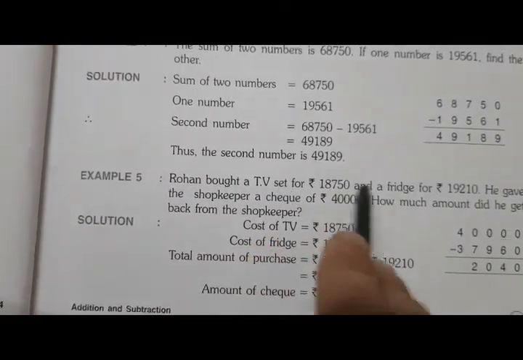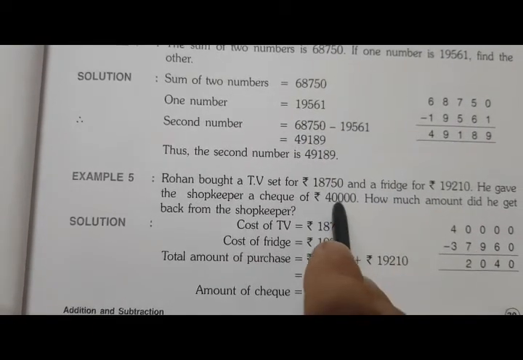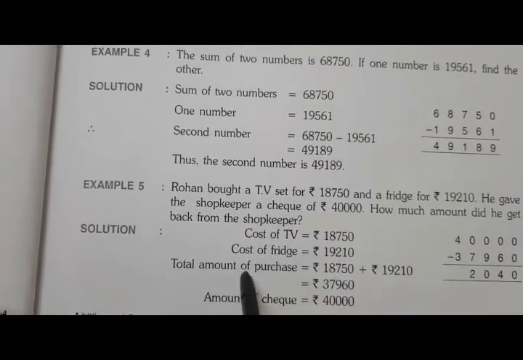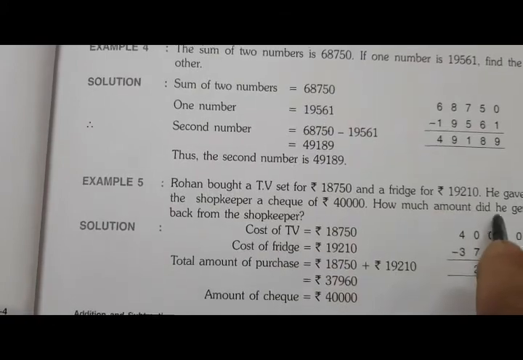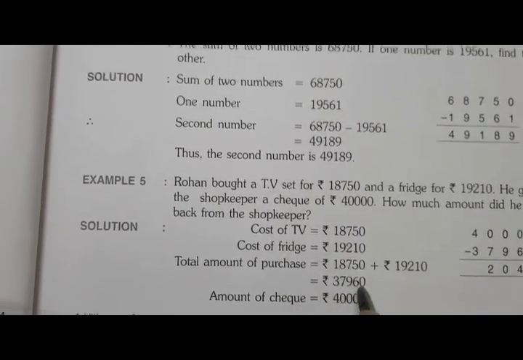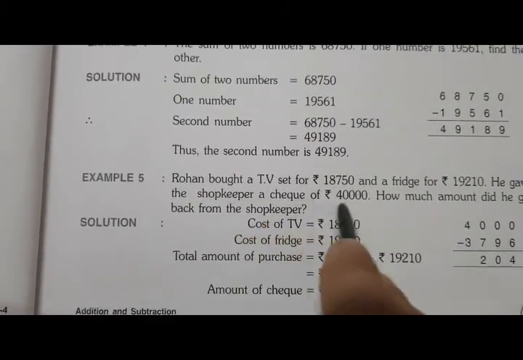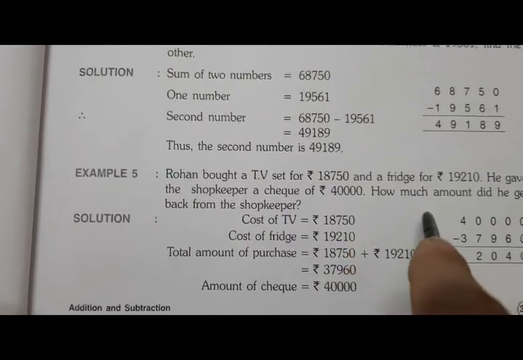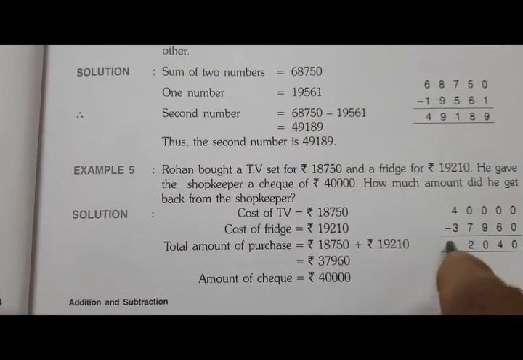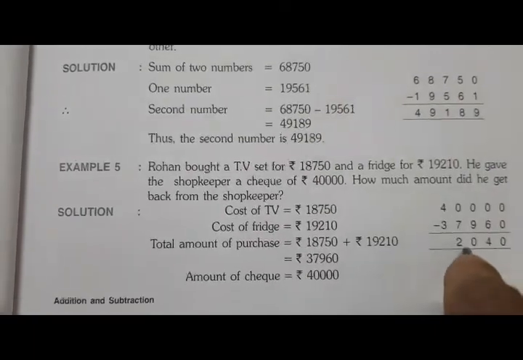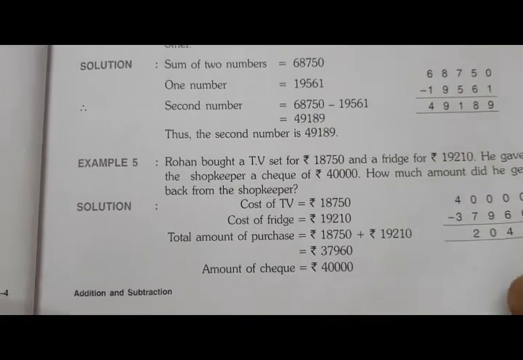One TV for this much and one fridge for this much. So the cost of TV plus the cost of fridge gives the total amount of purchase, which is 37,960, and he gave a check of 40,000. So how much amount did he get back? We subtract, and this is the amount that he gets back. Okay, so Rohan got back 2,040 rupees.